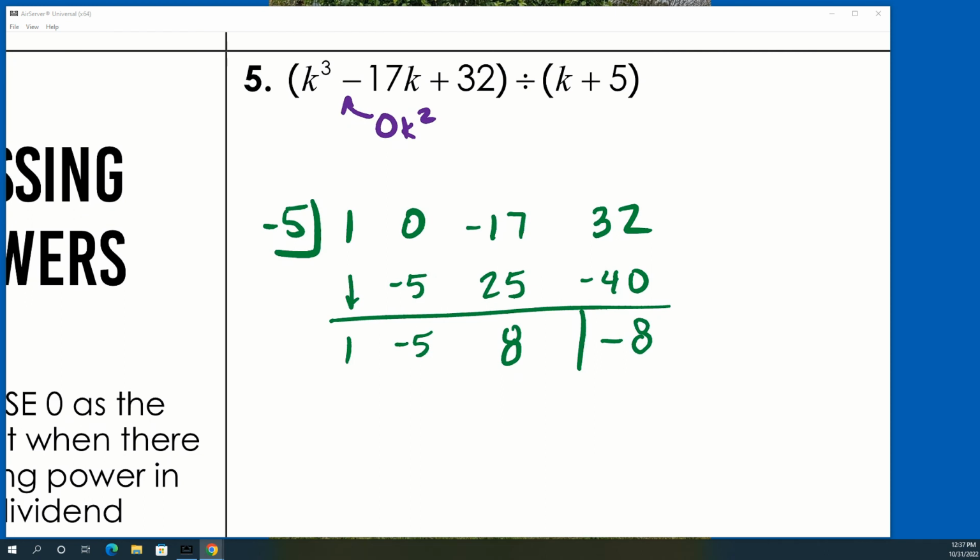Okay. All right, and then this one started off with k cubed. So this has to be 1k squared minus 5k plus 8, minus 8 over k plus 5.